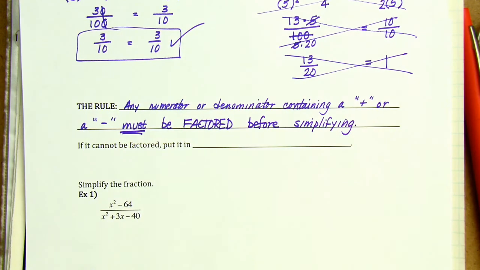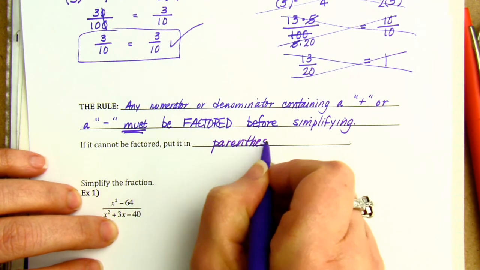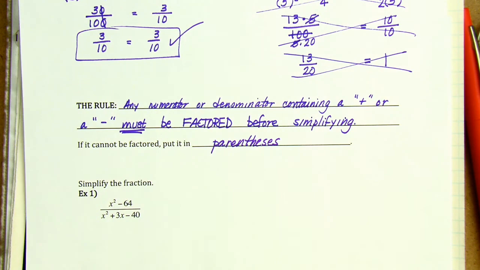All right, if it cannot be factored, put it in parentheses. Then it'll stop you from dividing out things that you cannot divide out. And if you have questions about it, please let me know so I can help you.